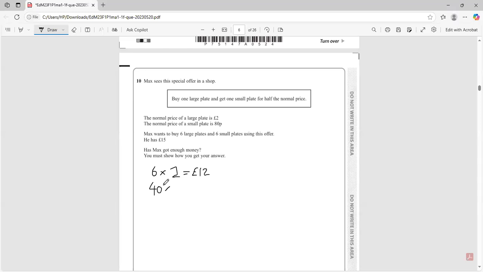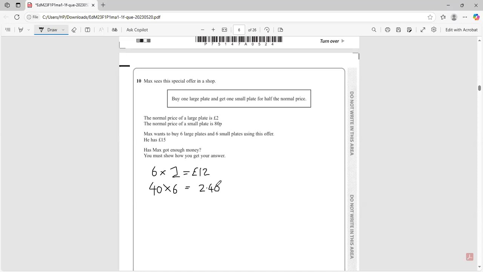I should have said 6 times 40. Anyways, you understand what I'm saying, right? Yes. Okay, so that's going to give me 240. Oh, okay, because it's in pence, so that's £2.40.